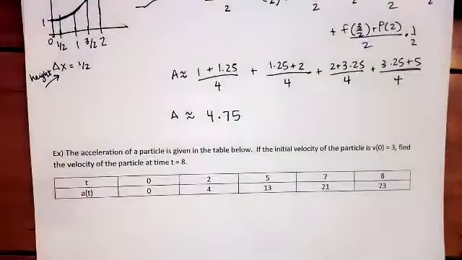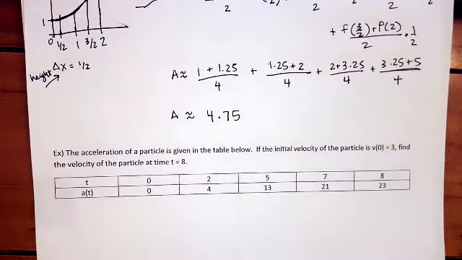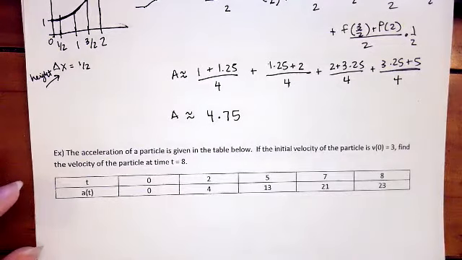The last part of midpoint and trapezoidal, we're going to do this trapezoid of this particle given this table. We know that the initial velocity of our particle at v of 0 is 3.